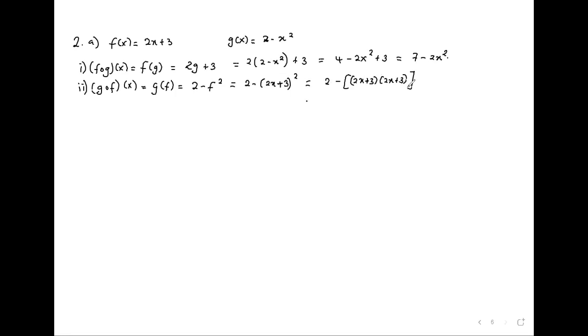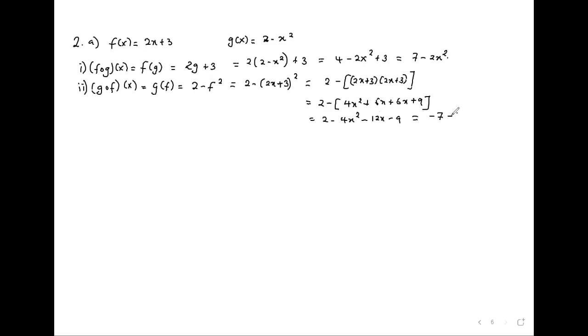You don't change signs. So you have 2 minus, keep the brackets so I don't confuse the signs. So I have 4x squared plus 6x plus 6x plus 9. That is 2 minus 4x squared minus, so now I'll say 6 plus 6 is 12, and then minus 9.